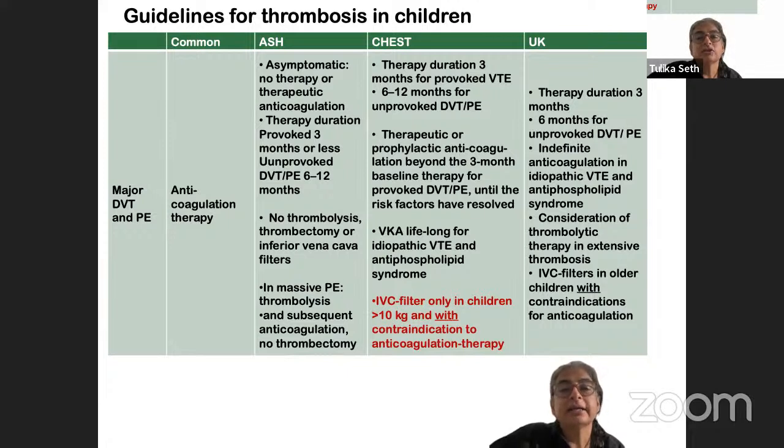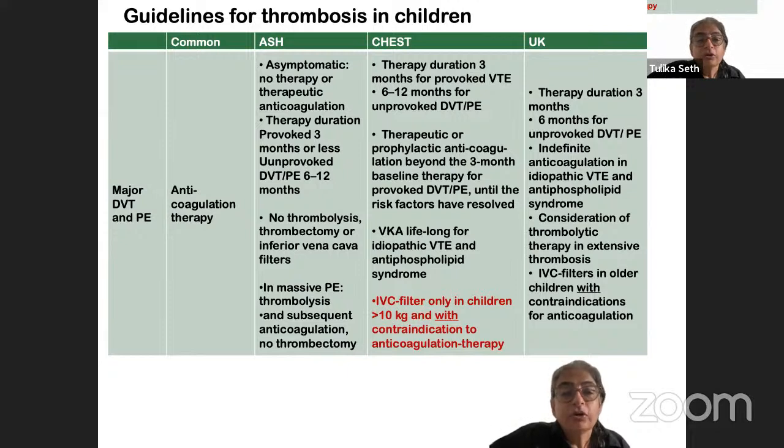And the CHEST guidelines recommend 3 months of therapy for a provoked venous thromboembolism and 6 to 12 months if it's an unprovoked deep vein thrombosis or pulmonary embolism. So in general, if it's unprovoked, we give a longer duration of therapy. And if it's provoked, we can give a shorter duration.